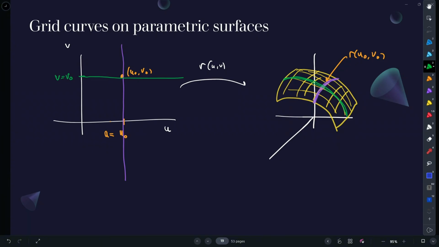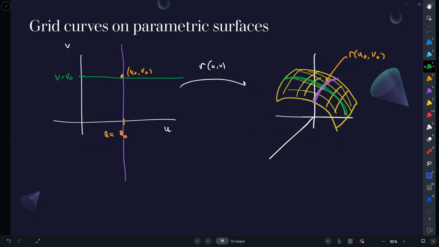As you move u0 and v0, they draw the graph for you. If you move all these purple lines, it would give you some sort of scan of your surface by line, right? And similarly with the other ones.